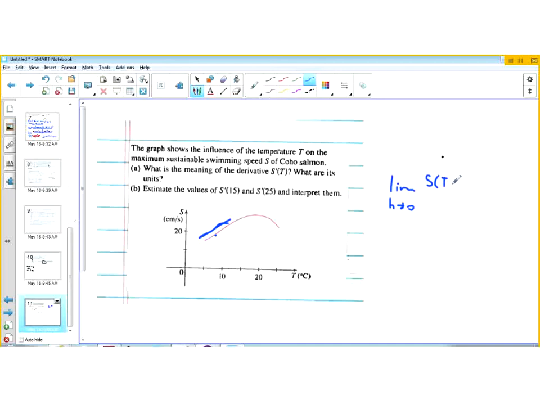S of T plus h minus S of T divided by h. So the derivative is the slope of the tangent line, which is the change in speed divided by the change in temperature.